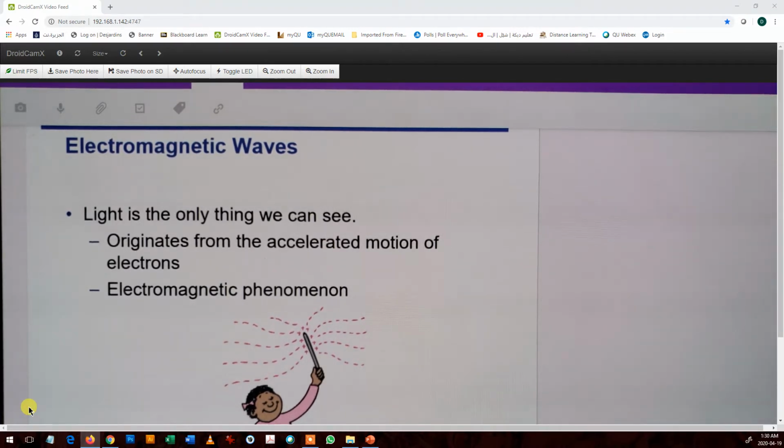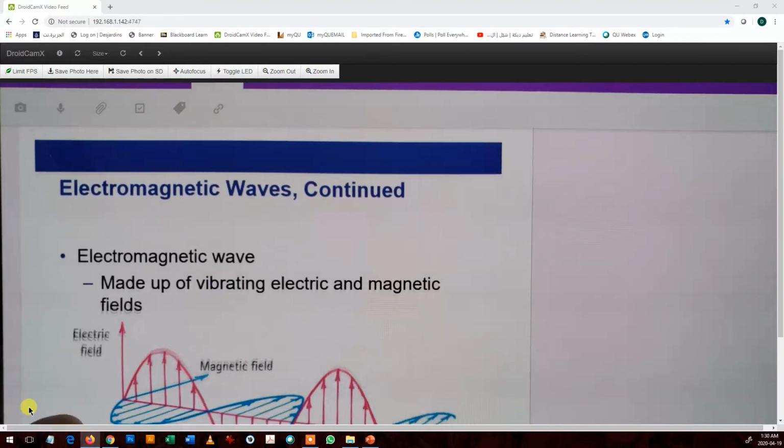Visible light originates from accelerated motions of electrons, and it's an electromagnetic phenomenon, as we said.